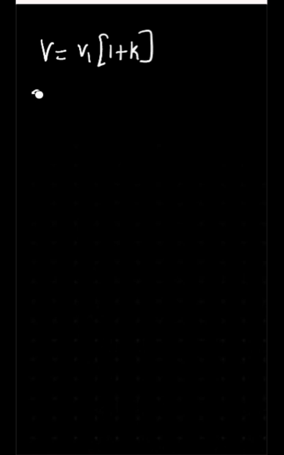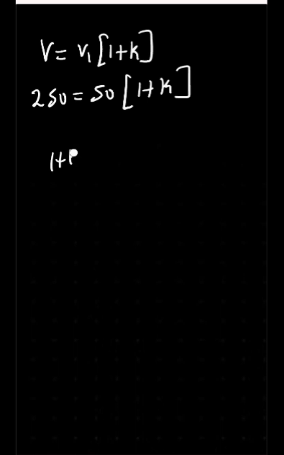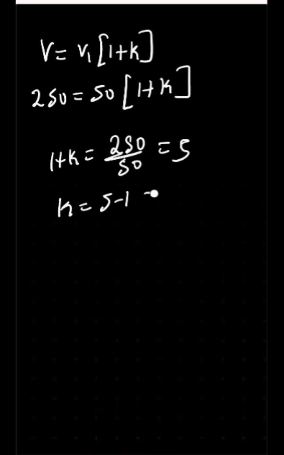We said that V is 250, right? And V1 is 50. 1 plus K. So if you divide through, that means that 1 plus K is equals to 250 over 50, which is same thing as 5. So that means that K is equals to 5 minus 1. That's 4. It's easy, right? Very easy.